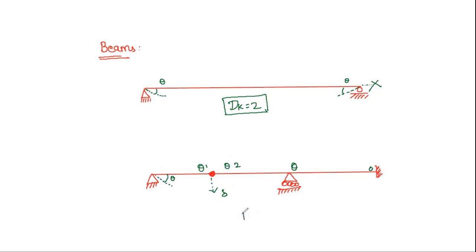So the degree of freedom: 1, 2, 3, 4 and 5. The degree of freedom of the given structure is 5.